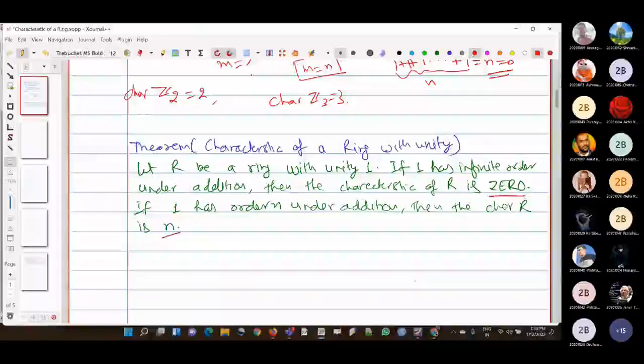So this theorem says that if you have a ring where unity is there, then the characteristic of that ring can be either 0 or n. That's all. Okay. And n is nothing but the order of 1. Let us see the proof.